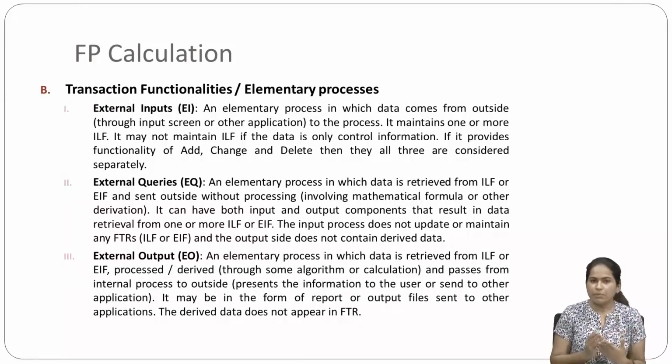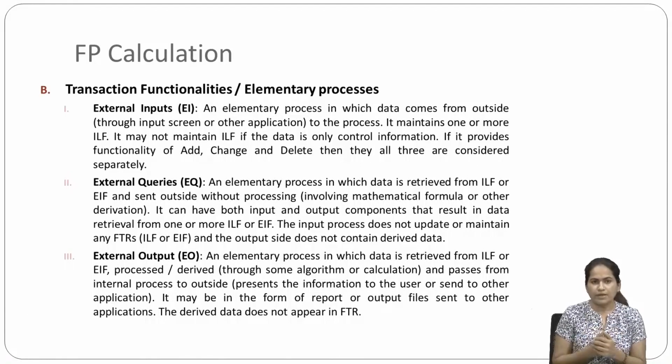Now when we are talking about this, at that time 3 types of categories we have, which are called elementary or transaction functionality. First one we have, that is external inputs, EI. It is an elementary process in which data comes from outside to the process.